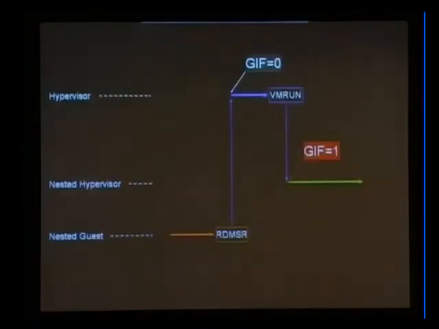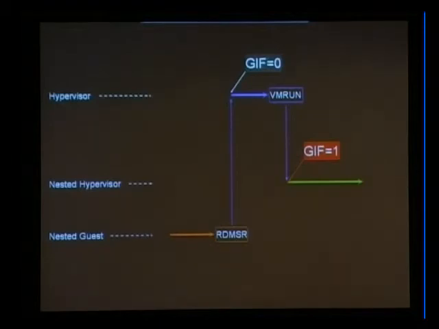So how should we implement this behavior of the global interrupt flag? This is the illustration of this behavior. We have to modify the value of this global interrupt flag, but we cannot intercept its modifications.